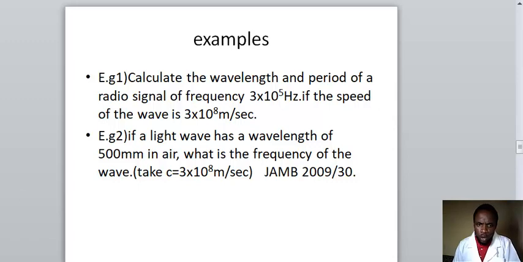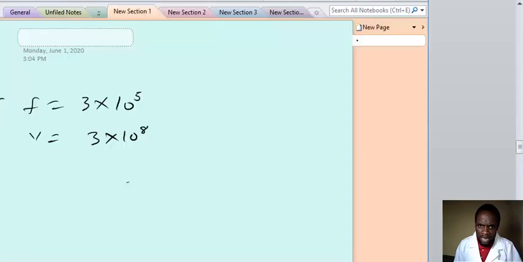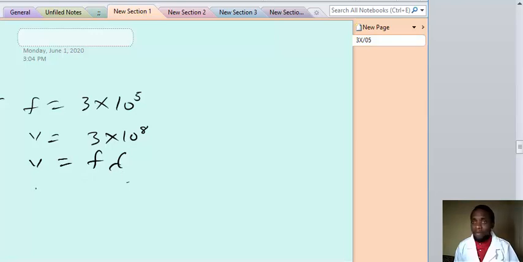So let's see it. We said, if you recall, that v is equal to f lambda. They asked us to find the wavelength, which is this lambda. So very easily, if you make the wavelength the subject of the formula, lambda will be equal to v over f.